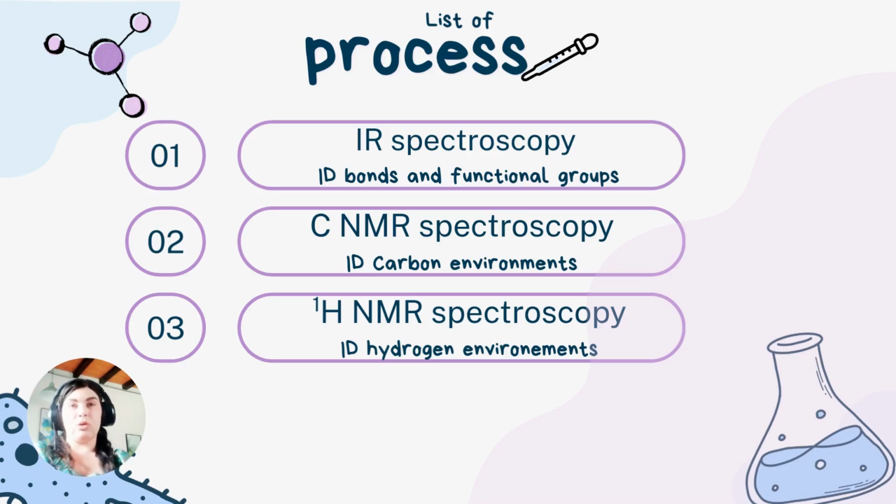Second, we're going to use CNMR spectroscopy, which is another form of spectroscopy where we identify the carbon environments, so where the carbons are attached to each other and where they are in the molecule. The last process will be the HNMR spectroscopy, and that is to identify the hydrogen environments and how many hydrogens are on the nearby carbons as well. So we'll get into that next, go a little further into each process.